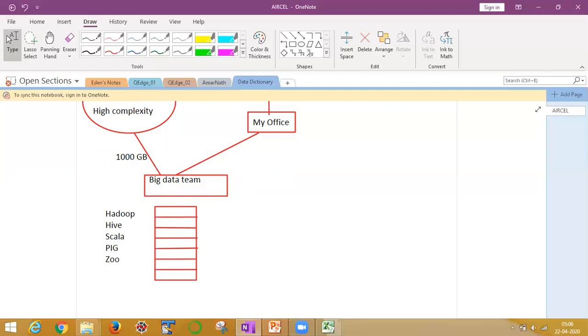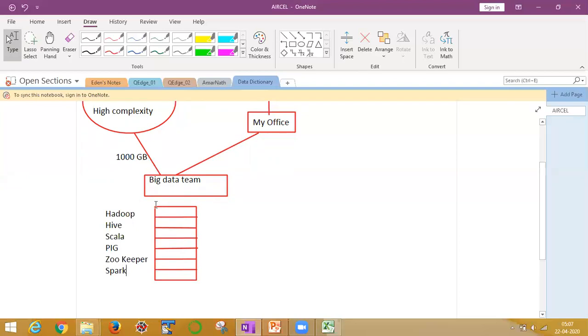Depending upon the company, they make use of this kind of technologies, and they will process this 1000 GB data into small parts. Again, this is a big team and a big project for these people, and they may work 1 month or 2 months or 3 months, depending upon the complexity of the data and their organization's limits.